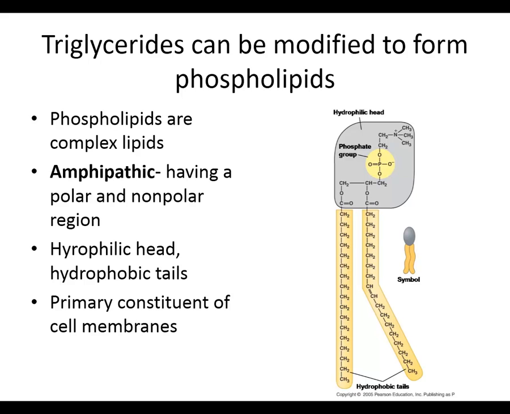Another thing is soaps, right? Soaps, if you look at your shampoo or something, it'll say sodium dodecyl sulfate or sodium lauryl sulfate. The lauryl means a 12-carbon fatty acid, and the sodium is a charged sodium ion at the end.